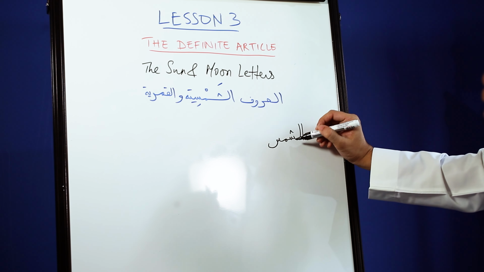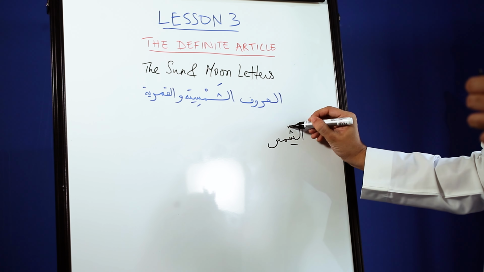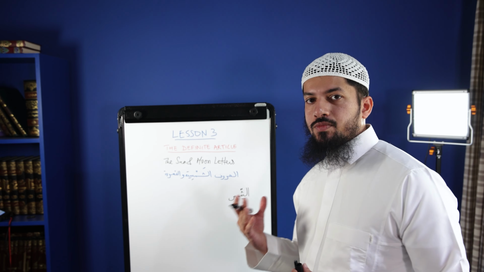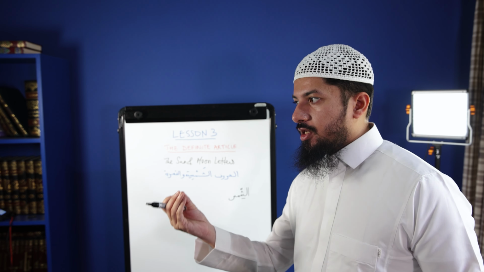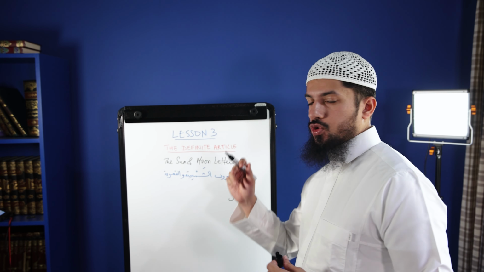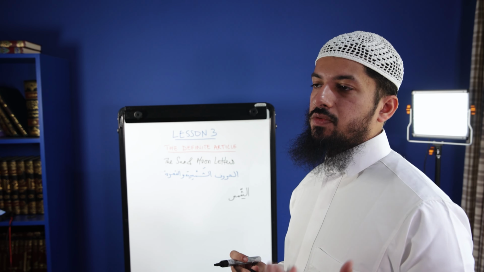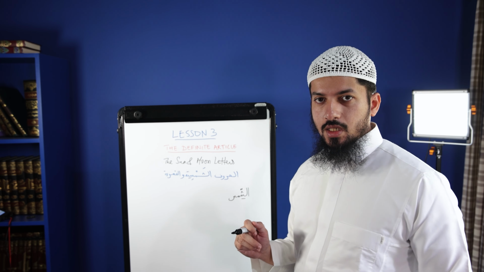The lam is assimilated into the first letter, and the first letter is given shadda. So this is pronounced as ash-shamsu. The lam is assimilated into the first letter. And all the letters which are shamsiyya, or words that start with letters in this category, are pronounced in a similar way.